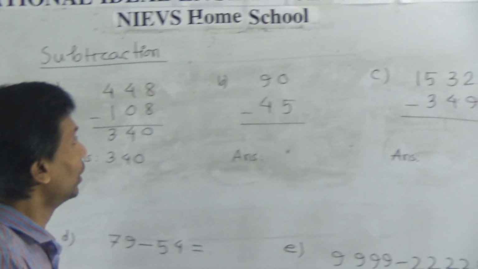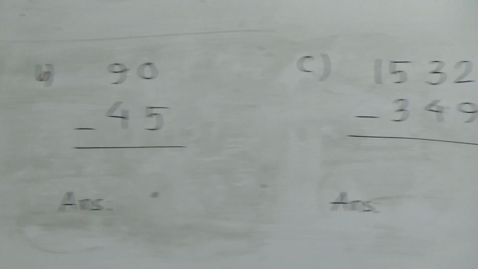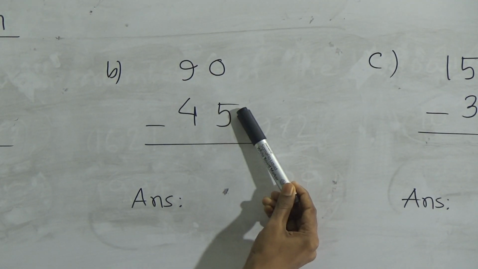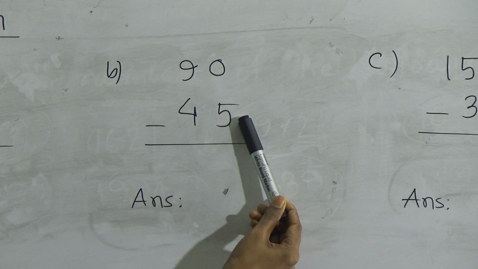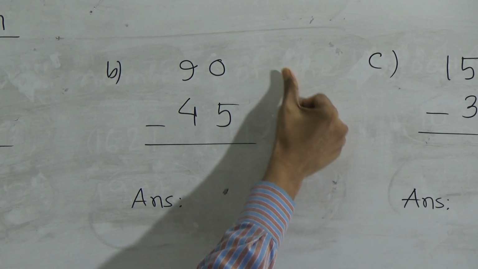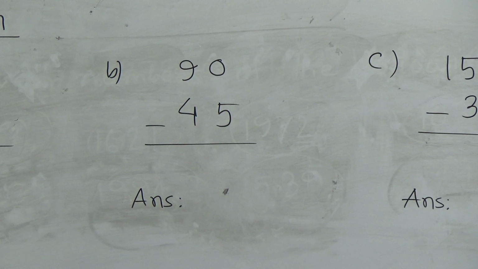Okay, look, I will now solve question number B. At first you see this is 0 and this is 5. We cannot subtract 5 from 0. So you have to consider 0 as a 10.